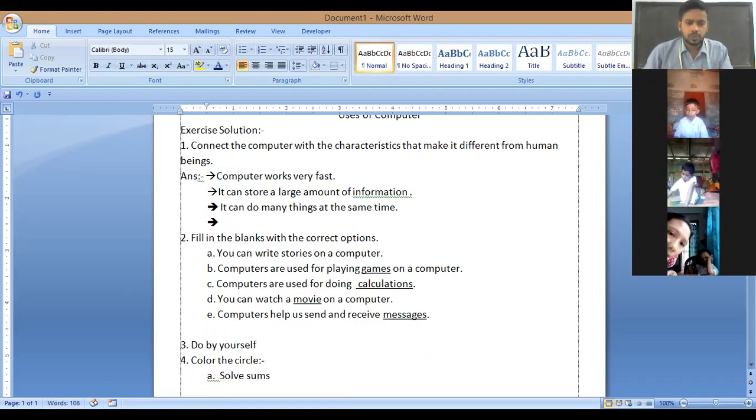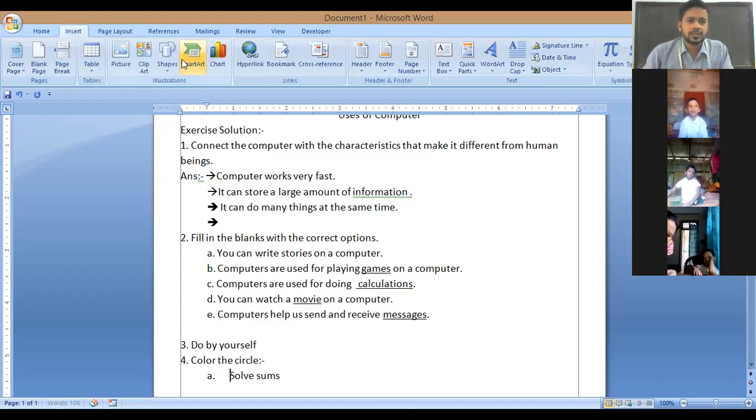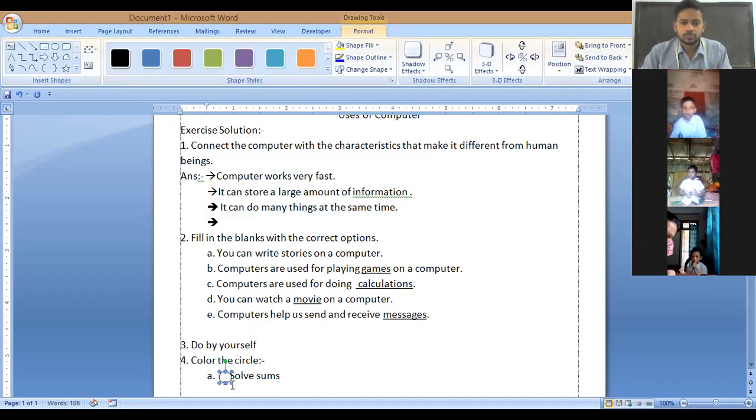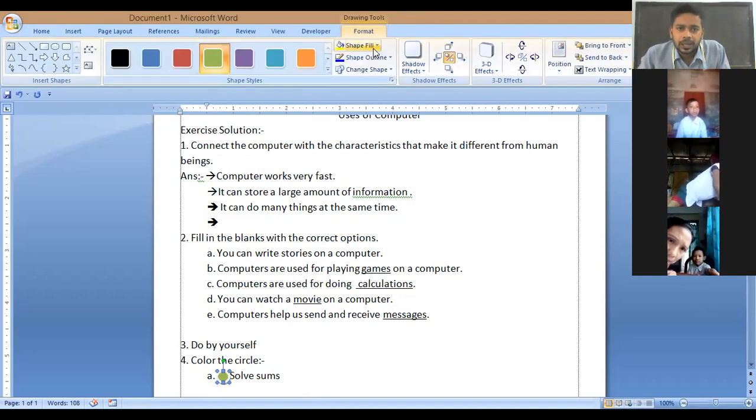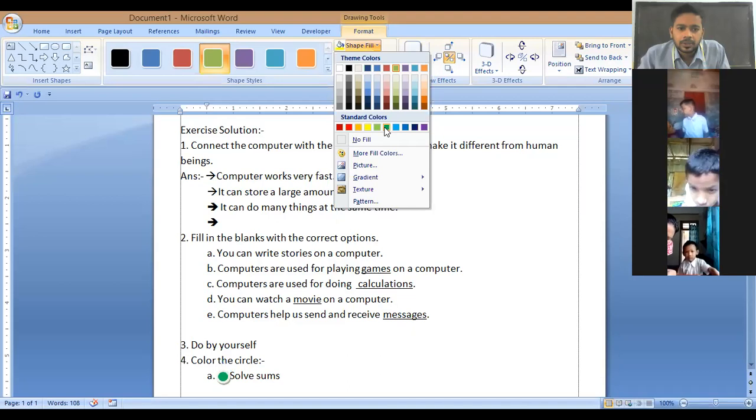Now we need to put one circle here. If the picture shows the correct use, then we need to color it green. So we'll color it green. Fill shape green, and here fill outline.